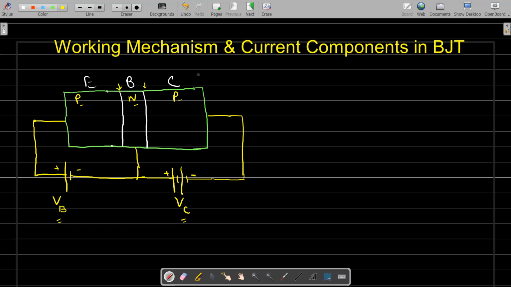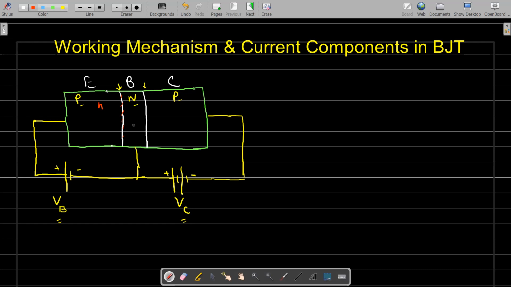Now let us investigate how the current will flow inside the BJT. When this base-emitter junction is forward biased, there will be diffusion of charge carriers. Why? The emitter is P-type doped, so in the emitter side the holes are the majority carriers, whereas the holes are the minority carriers in the base region because the base is N-type doped.